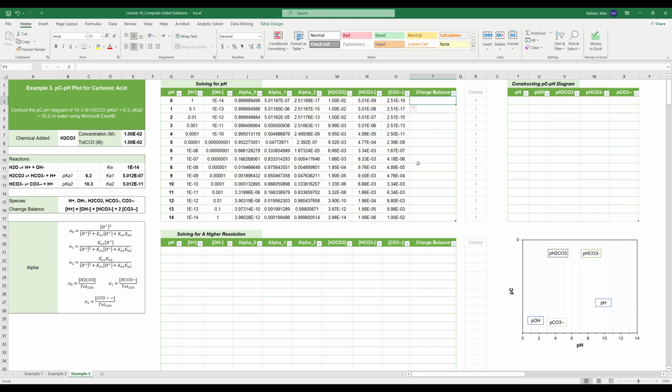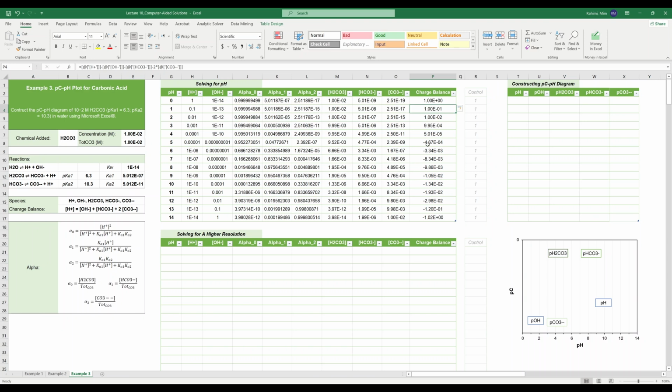So the charge balance term, or the left hand side, in this case H plus minus OH minus, the right hand side minus HCO3 minus, minus 2 times the CO3 2 minus. We have to just consider all the charged species.